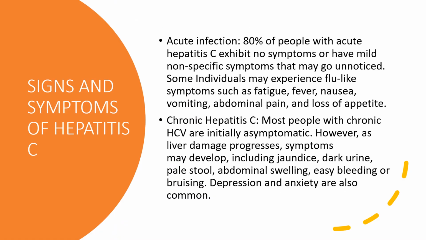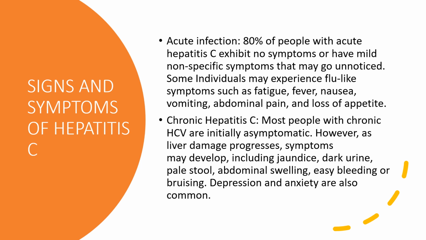The signs and symptoms of HCV infection. About 80% of people with acute HCV will have no symptoms at all. Some will have mild, non-specific symptoms that may likely go unnoticed, like nausea, vomiting, abdominal pain, and loss of appetite.